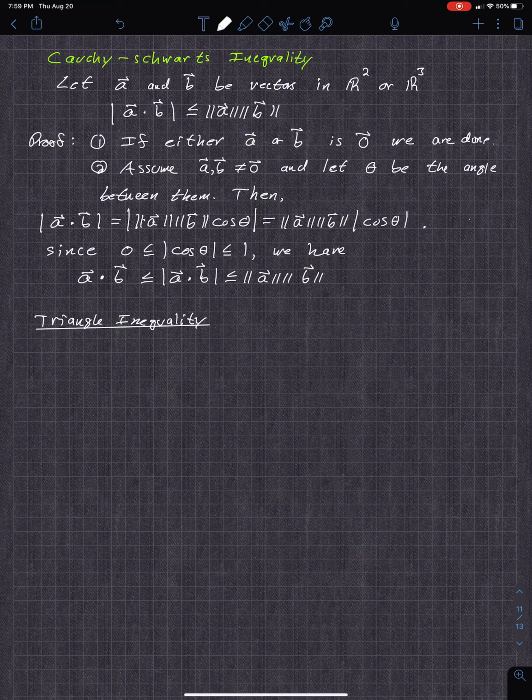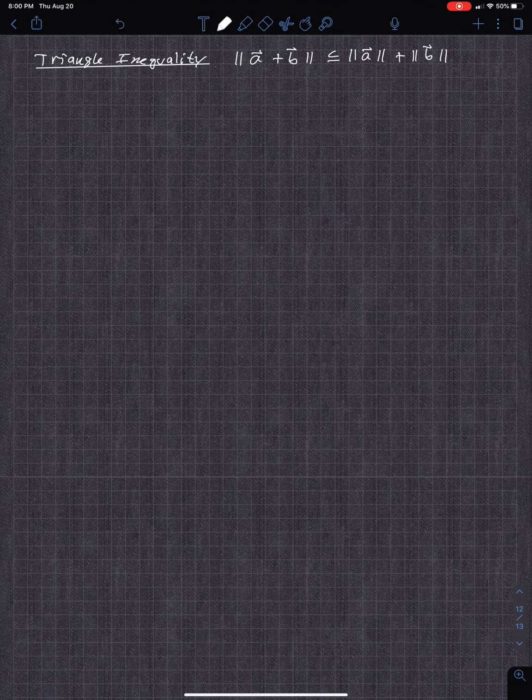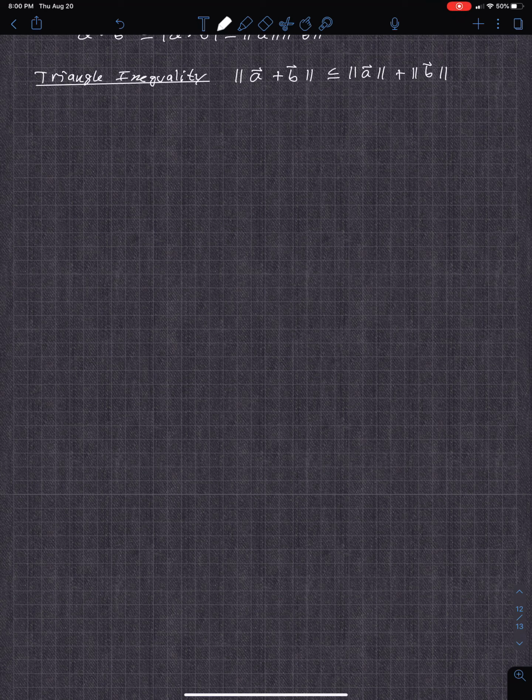So the triangle inequality for vectors basically says this: the magnitude of A plus B is less than or equal to magnitude A plus magnitude B. So sorry, sometimes when I hit that thing at the bottom, it does that. You have vectors A and B, so I'm going to draw them over here.